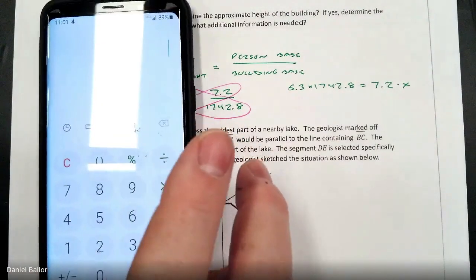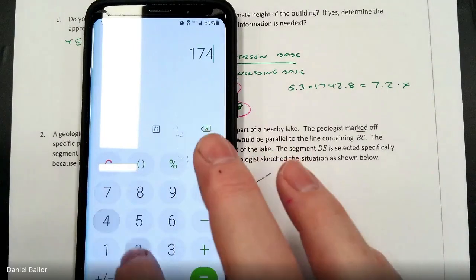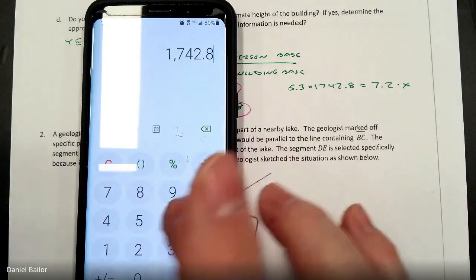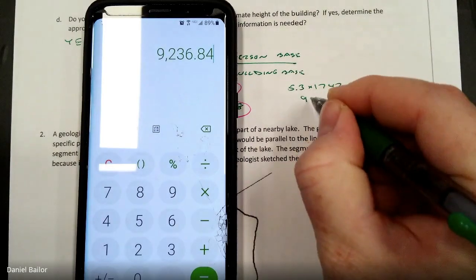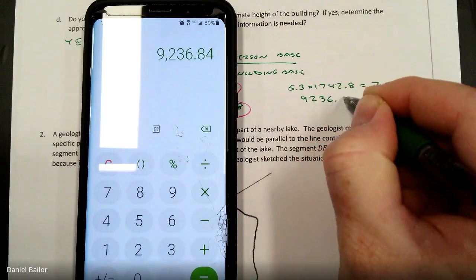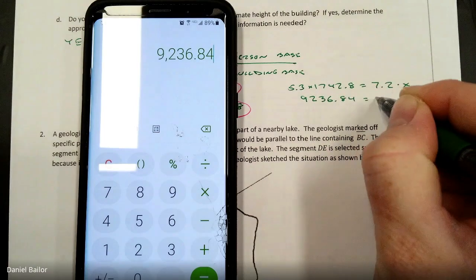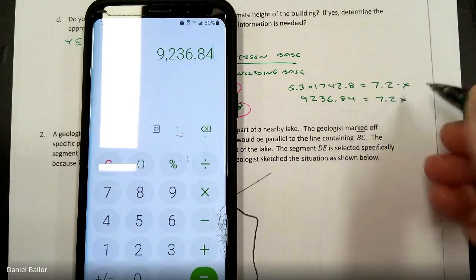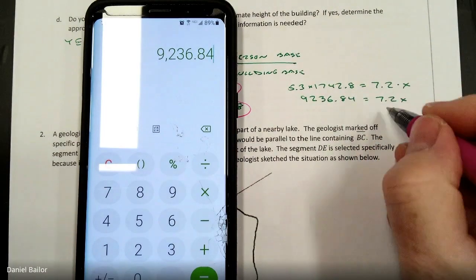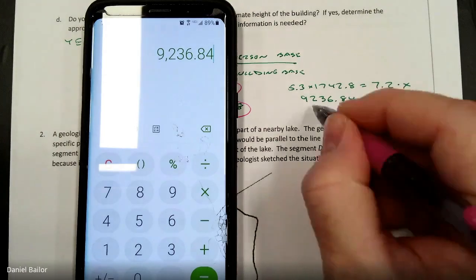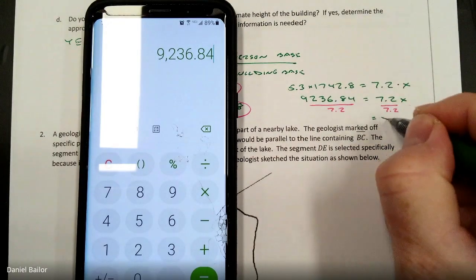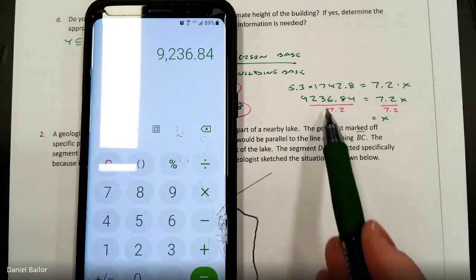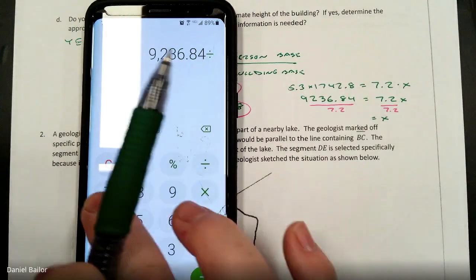I'm going to do 1742.8 times 5.3, and I get 9,236.84 equals 7.2x. And you remember I have to divide both sides by 7.2 because that is how we get x by itself. So let me divide this number by 7.2.